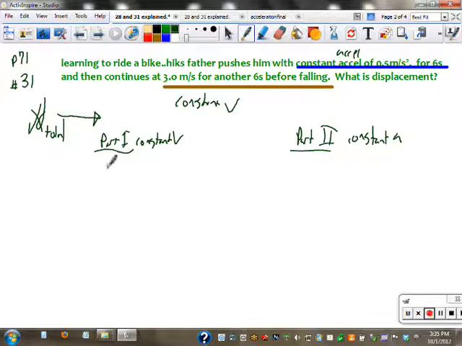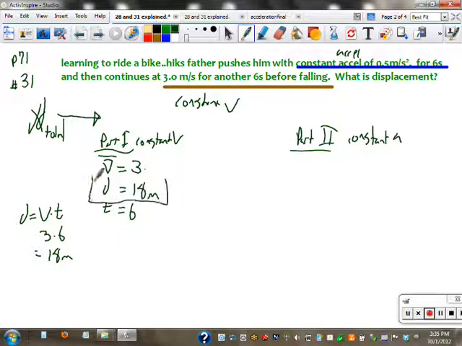The constant velocity part, we can use velocity, distance, and time. Here's the constant velocity. He's just going 3 meters per second for 6 seconds. And solve for distance, which is distance equals velocity times time, 3 times 6, 18 meters.